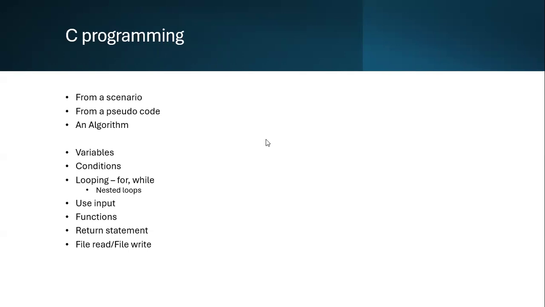Then at the implementation or code level, you need to understand thoroughly what kind of variables, variable types. Then we have different kinds of variables like global variables and local variables. Under conditions, there might be if else conditions, for example. Then we have loops: for loops, while loops, nested loops, many kinds of loops that you should know.